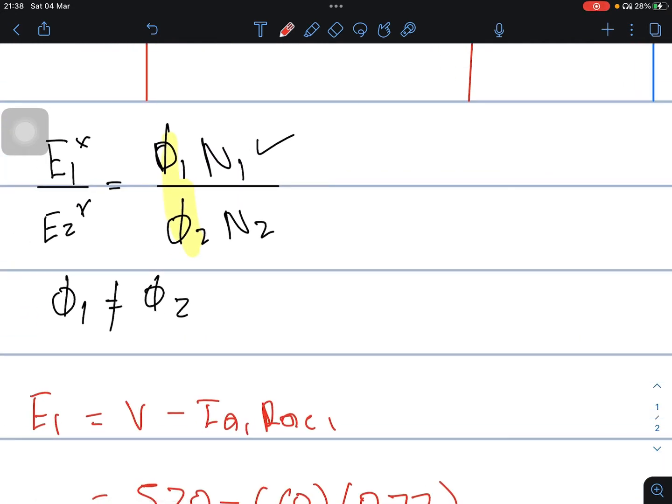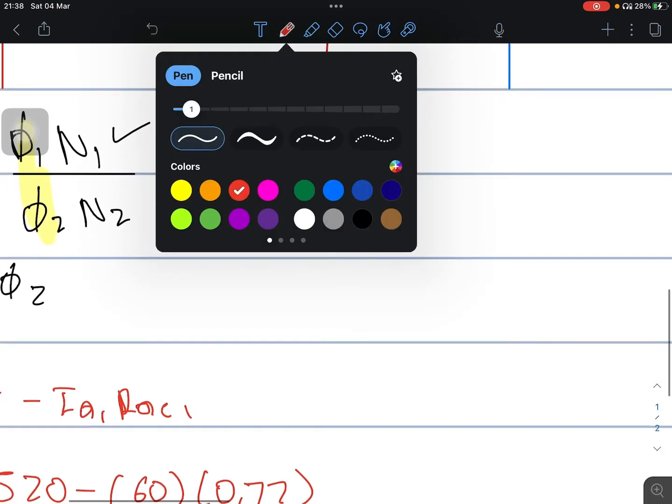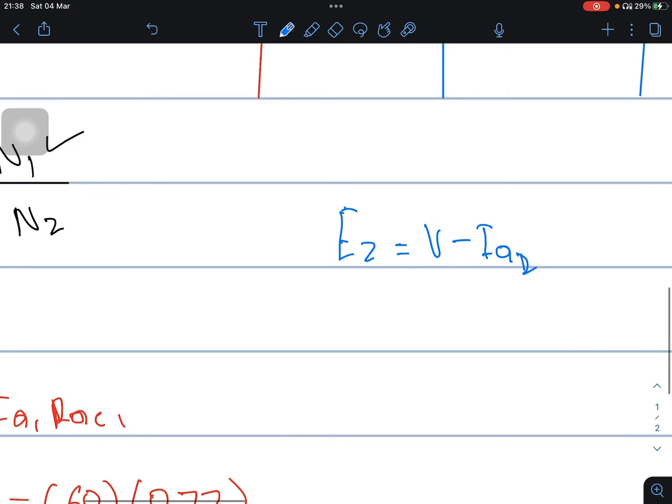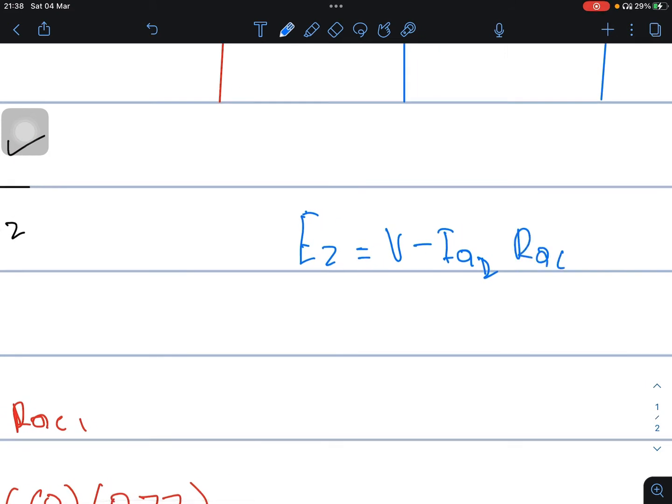Now we have to calculate E2. The formula for E2 is E2 is equal to V minus IA2 RA2.